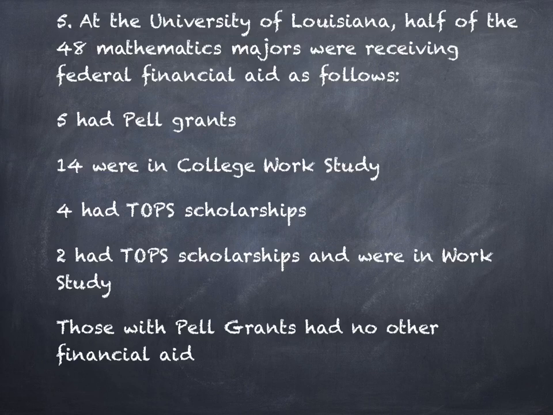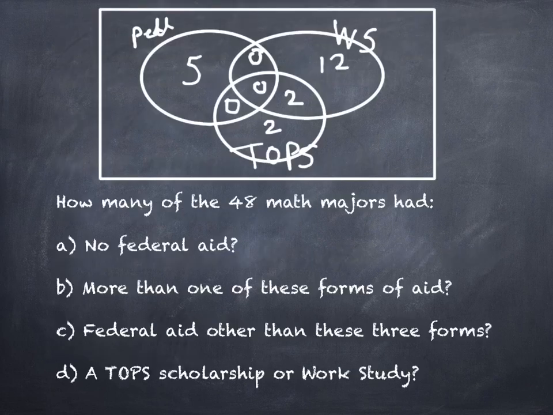Okay, so 48 is the math majors, and our diagram is representing having federal aid. And it says half have federal aid, so what's half of 48? 24. So this picture I'm working with right now should not add up to 48. It should add up to 24. So I need a number inside the rectangle here that will comprise the rest of the 24. How many do I have in my picture so far? 21. So how many am I missing? 3.